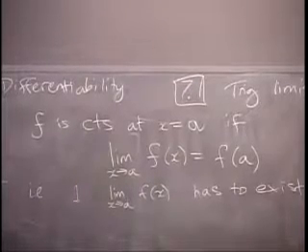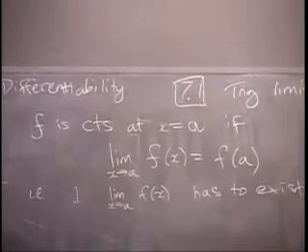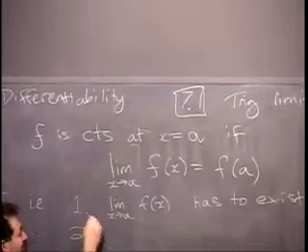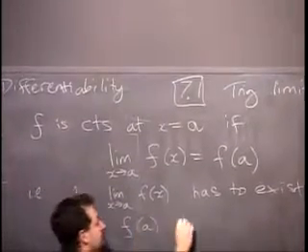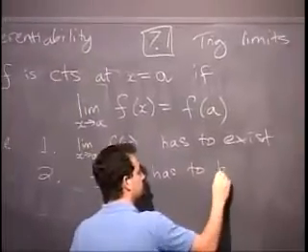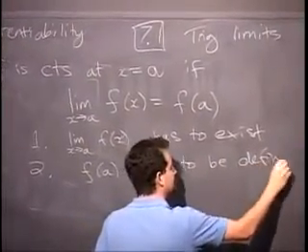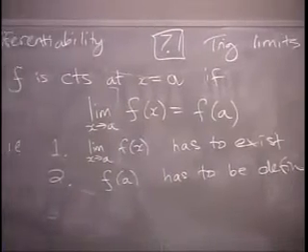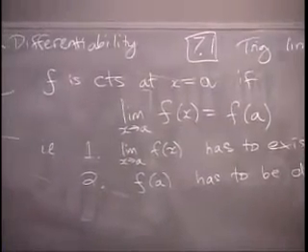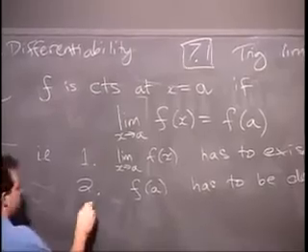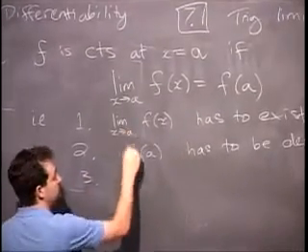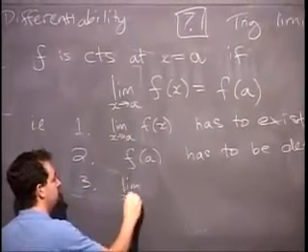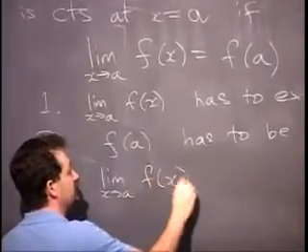Two-sided limits don't exist. Even one-sided limits don't exist all the time. But sometimes they do. Second, f of a has to be defined. A doesn't necessarily have to be in the domain of f, but yes, it has to be defined. And finally, these two are equal, which is just the equation I have above.